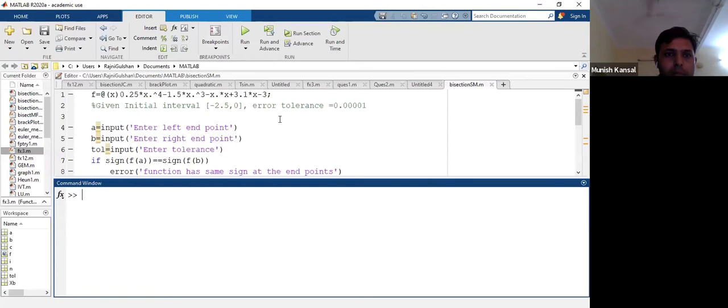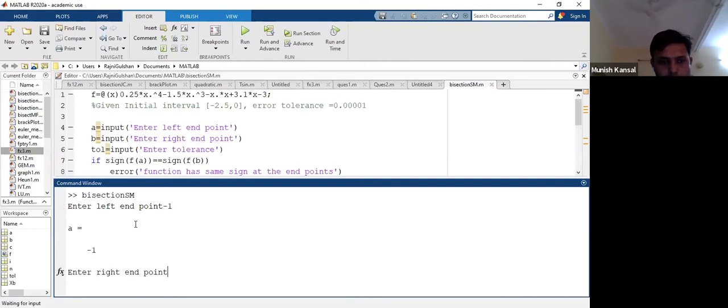I have taken the same example in order to show that there is a root inside minus 2.5 and 0, right? So basically in this given question, what happens if we change the interval from minus 2.5 to 0, and let us say we change this interval to minus 1 comma 0, what happens? Let us see. Say I change the interval to minus 1 comma 0.